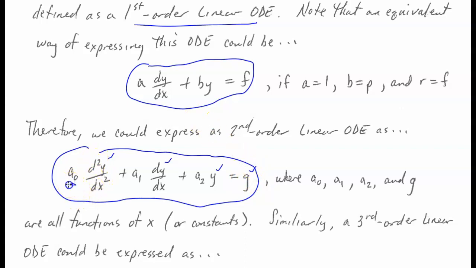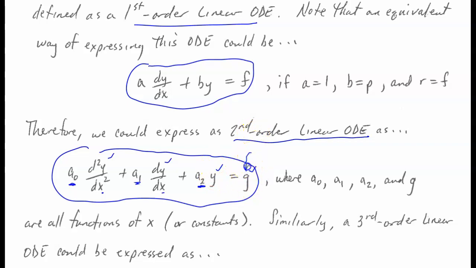The other thing is that these coefficients that are here are either going to be constant values or they are going to be functions of x. Okay, and that is the only thing that they can be if they're going to be classified as second order linear ODEs. Again, we have second derivative of y, first derivative of y, no derivative of y, and then some function here.